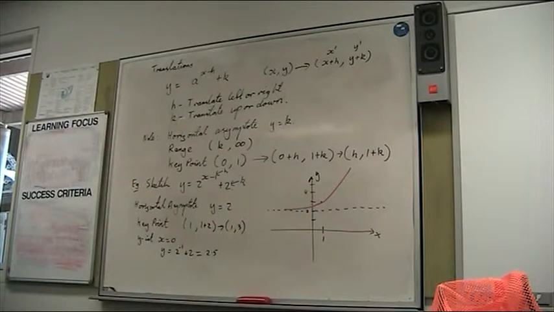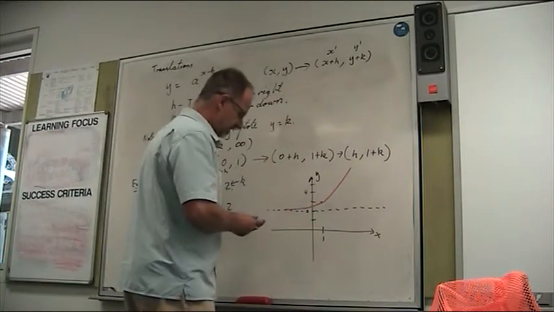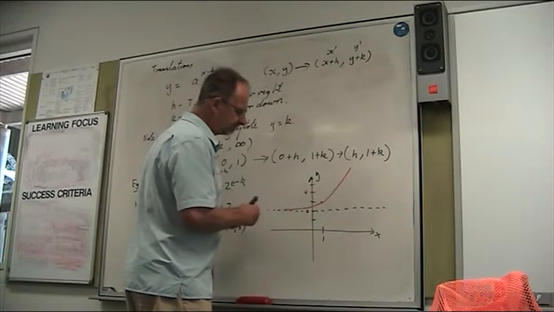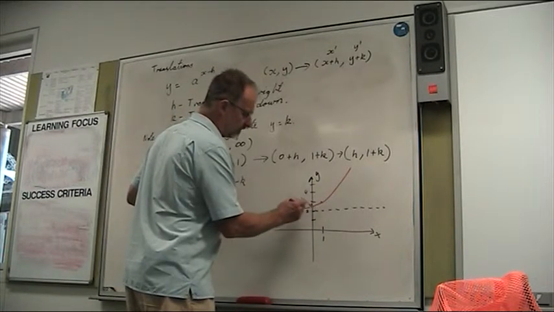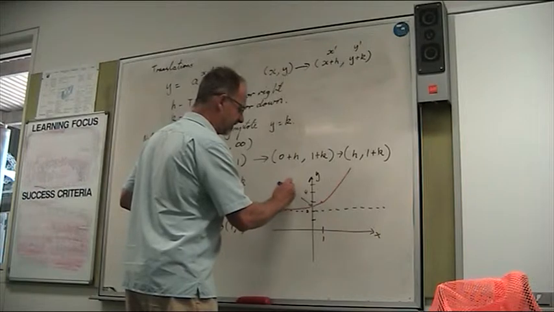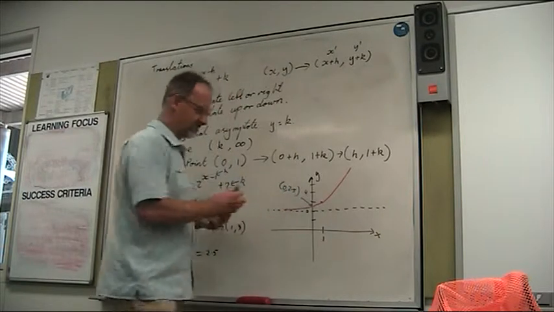It's a half. Negative power means 1 over, so 1 over 2. So that's 2.5. So this point here, where it intersects, is at 0 and 2.5.